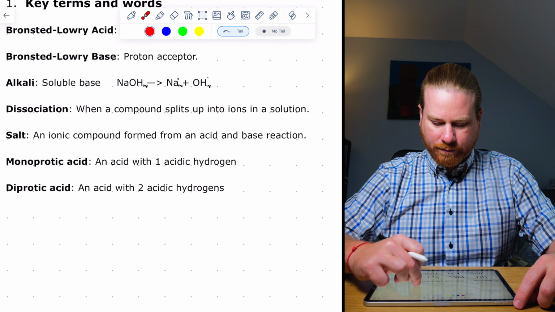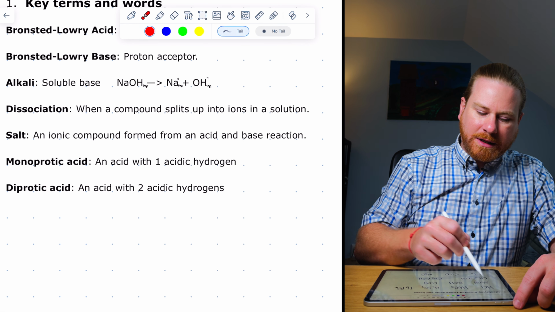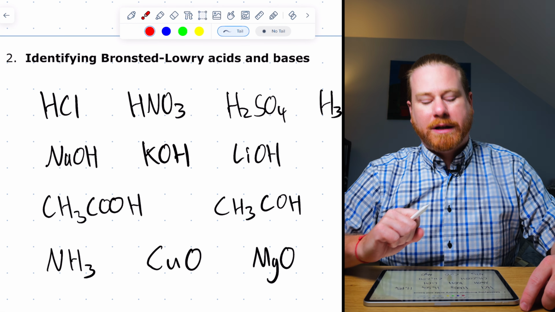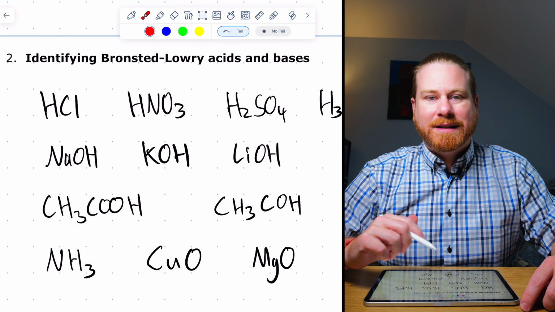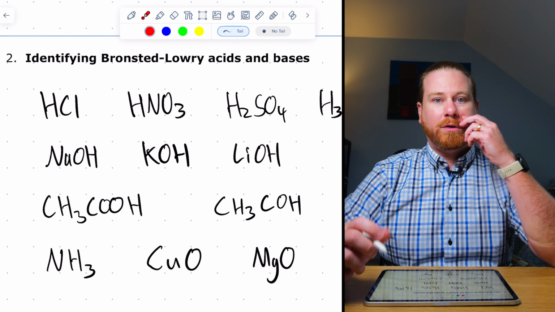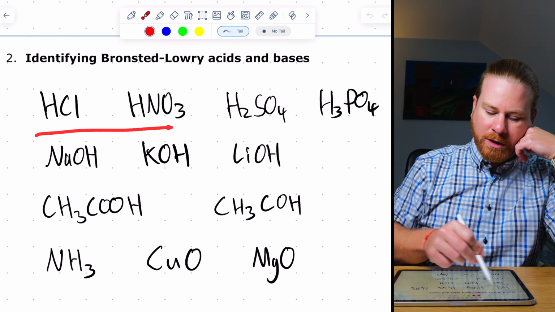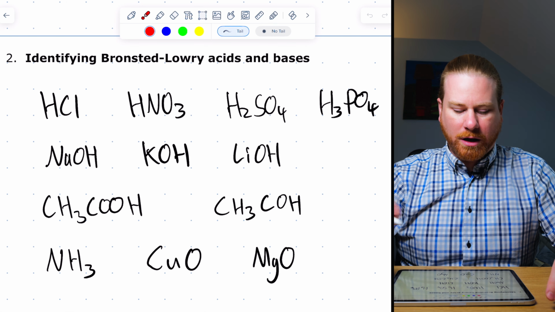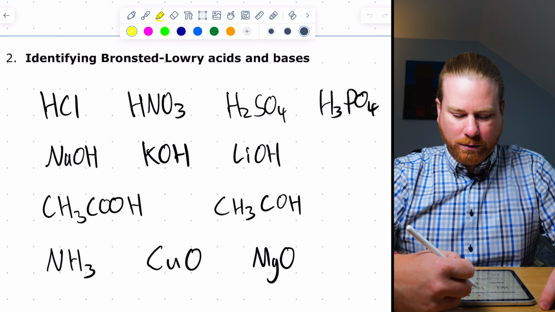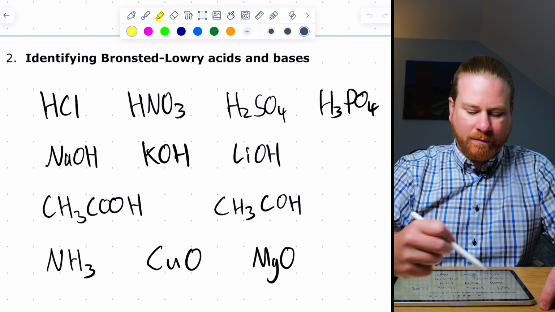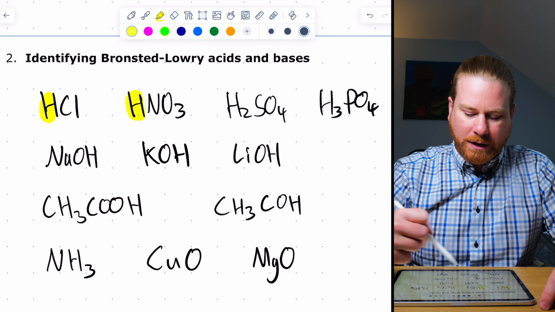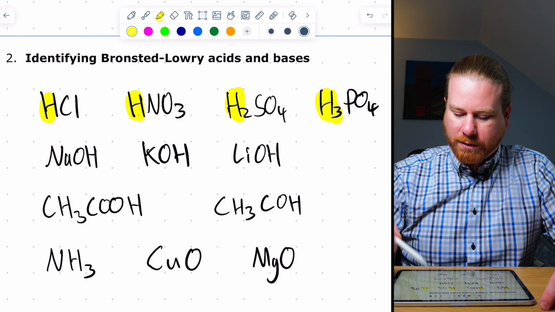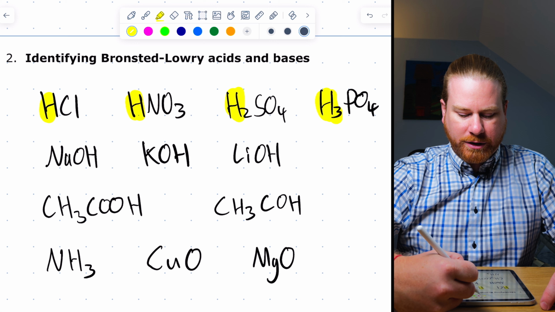All right. Now let's have a go at identifying some Brønsted-Lowry acids and bases. We're going to go through this row by row. Our first row here are all acids, and they're all inorganic acids. They're all acids because they've got some hydrogens to donate.